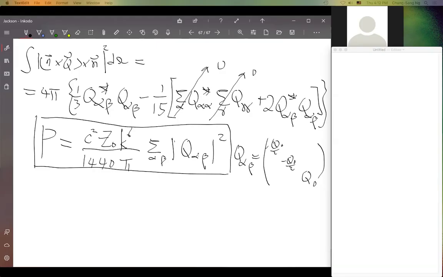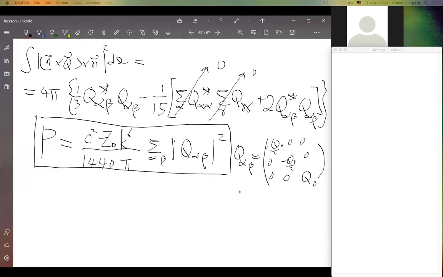So you add up Q11 plus Q22 plus Q33 and get 0, and the rest are 0. Okay, so we consider this Q alpha beta for this special case. We can write it like that. Not all quadrupole tensors can be written this way, but now we're just saying that we can, for a special case. All right.